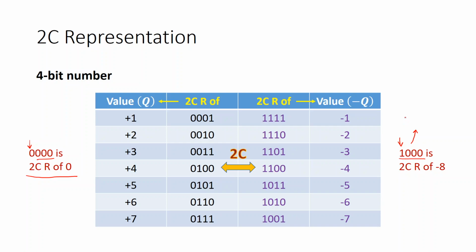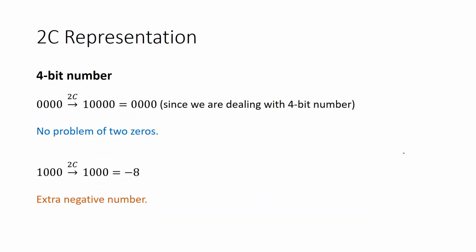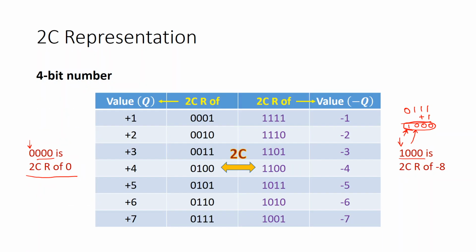If you do the complement, you get 0111 plus 1, which is again 1000, and here again you find that it is a negative number. So there is a problem here actually, and it is called the extra negative number.